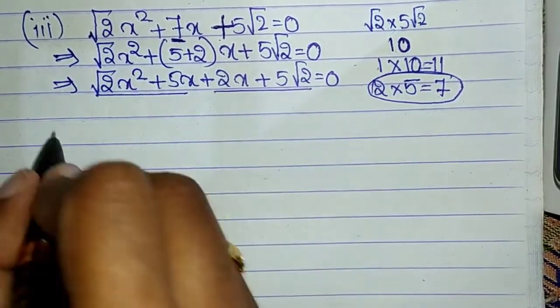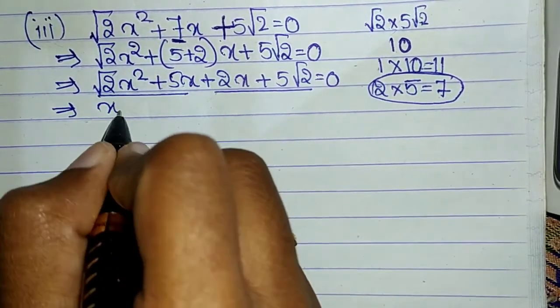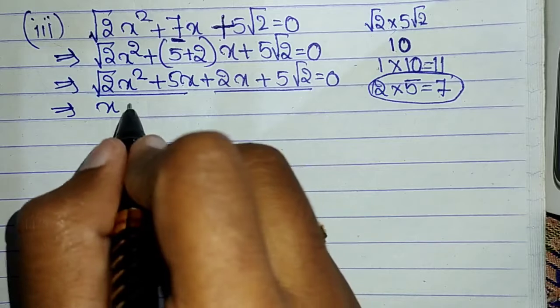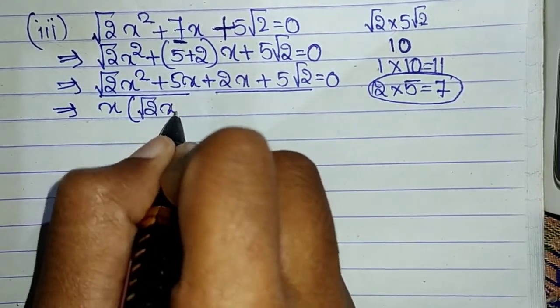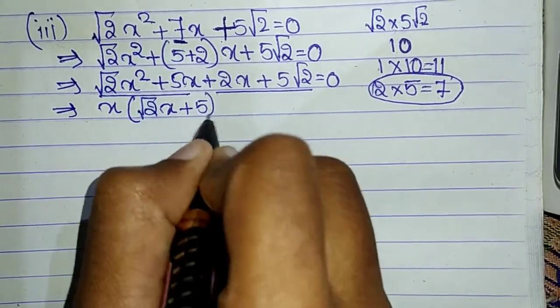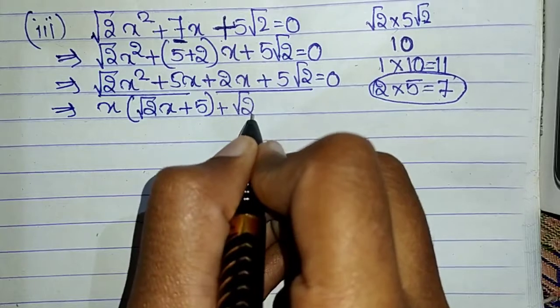Now taking common from both of these, here x is the only common term. So what remains inside the bracket is root 2x plus 5. Similarly, in this case, plus root 2 is common.